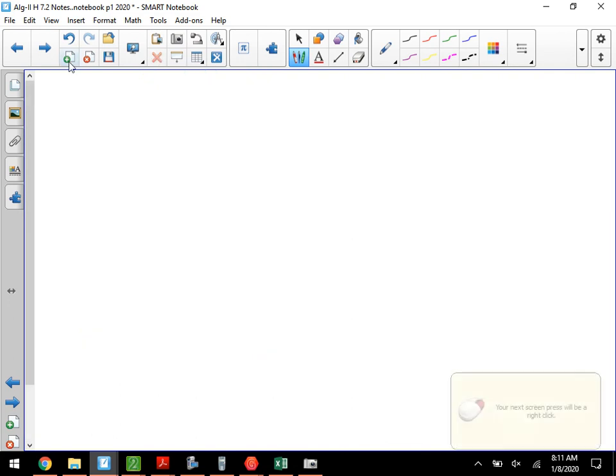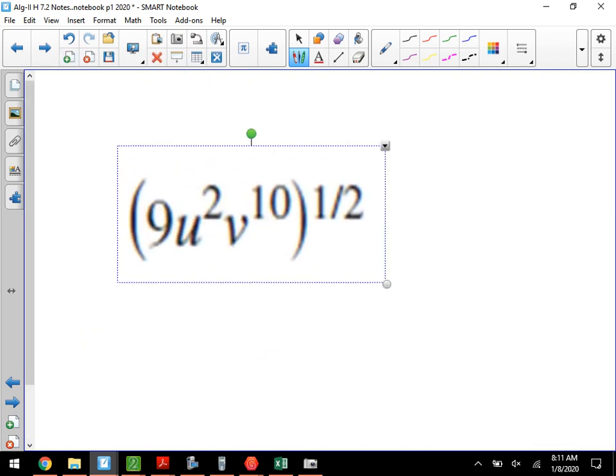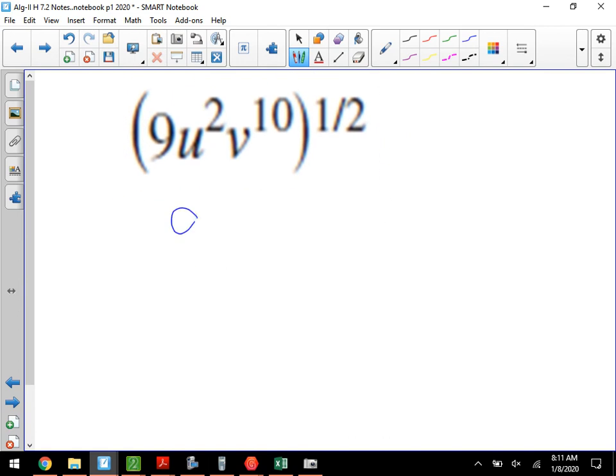Okay, let's do a couple different ones. Now, this is 9u squared v to the 10th, all to the 1/2 power. Which means you have to distribute the power.